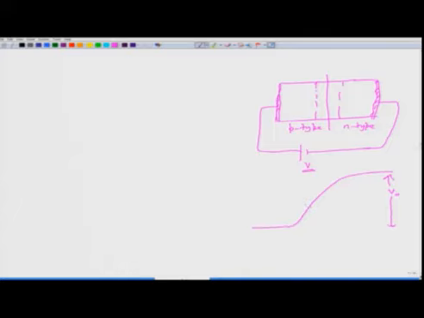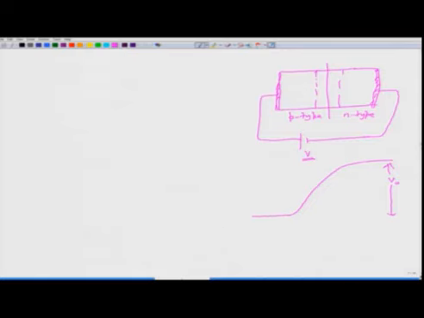When I connect this battery of potential difference V here, and if I say that this n side is grounded, so the change is here with respect to this n side. This potential here is raised by this V, and so it will become this.